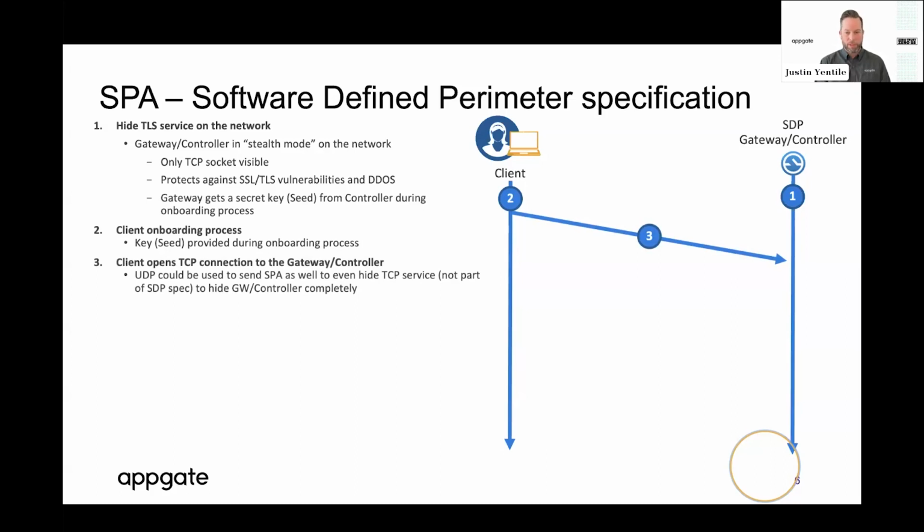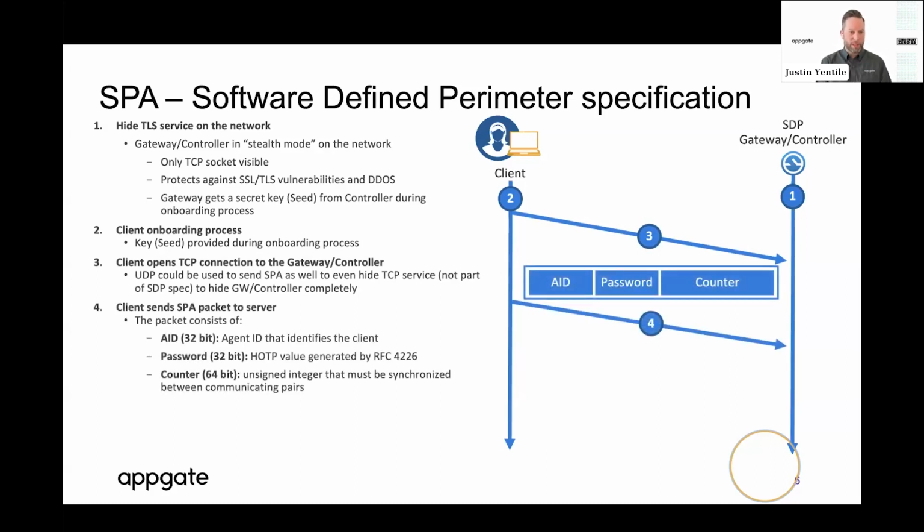If we move forward, Jim, the client would send a SPA packet over, and that would consist of three essential elements of information. You can see these listed here. These pieces of information would include this secret information, as well as some other data that would make the packet unique and also not replayable.